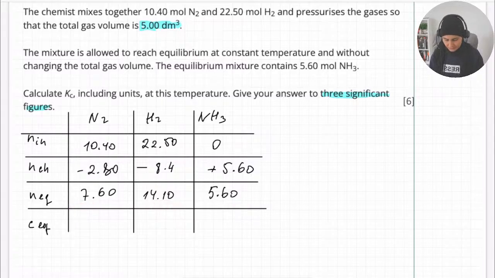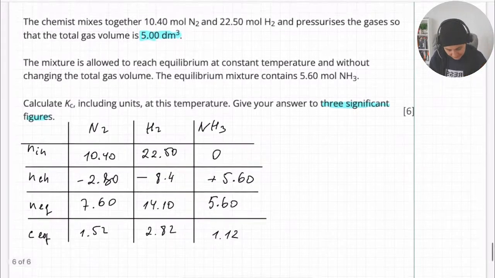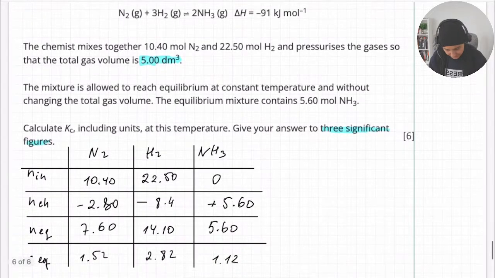So 7.60 divided by 5 is 1.52. And then 14.10 divided by 5 is 2.82. 5.60 divided by 5, 1.12. That's our concentrations.